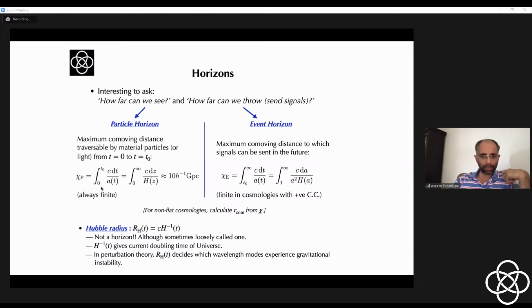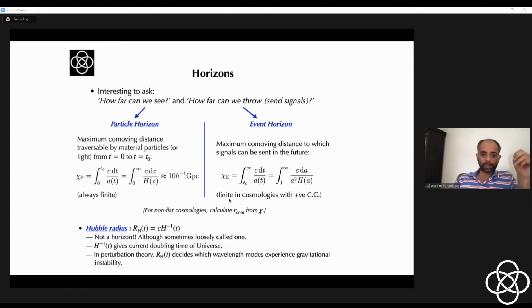It's a very similar integral, just the range of integration has changed. And again, I can play tricks with these transformations, and I can write this in different ways. Here I've written, instead of dz over H, I've written it in terms of da, and now there's an a squared H. And this particular quantity is actually finite in cosmologies with a positive cosmological constant.